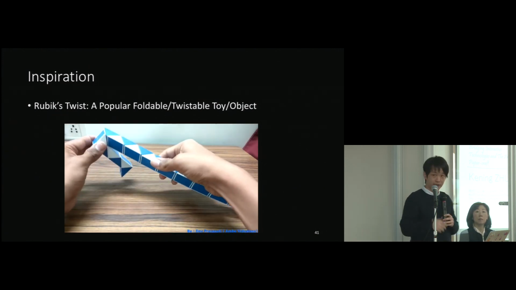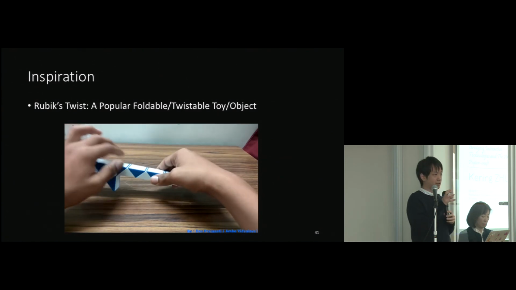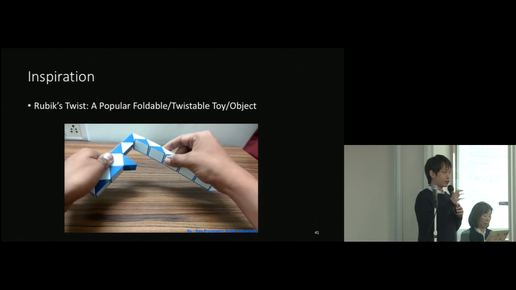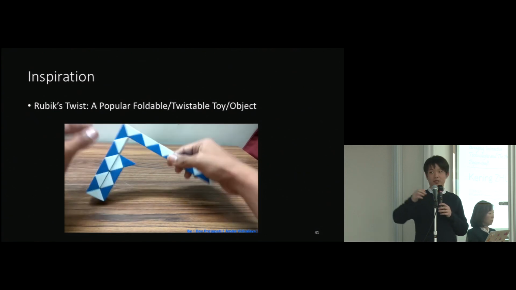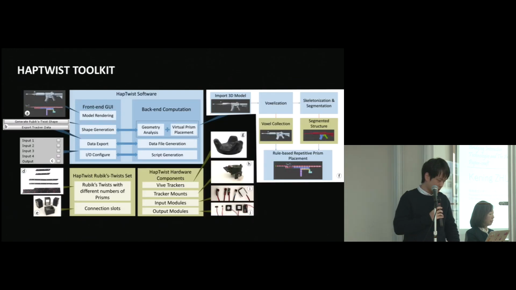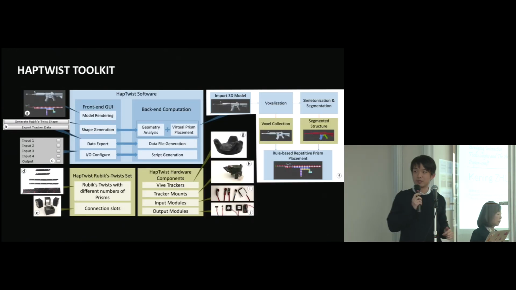So in this system, we analyze the 3D geometry of virtual objects, and turn this virtual object into the form of Rubik's Twist. This is the architecture of the toolkit.